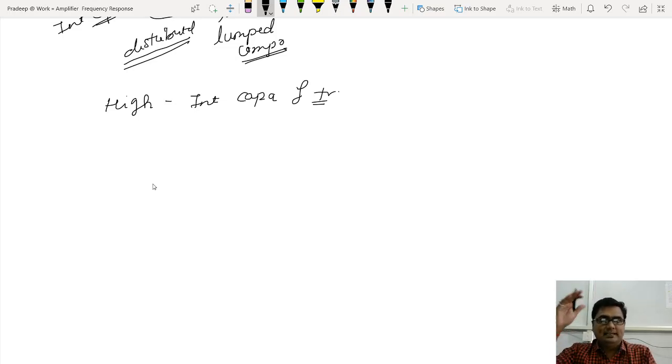Gain decreases at lower frequencies. Who is responsible? Bypass capacitor, coupling capacitor. At higher frequencies also gain decreases. Who is responsible? Stray capacitance and internal capacitance of a transistor. Those internal capacitances will come up only at the higher frequencies.